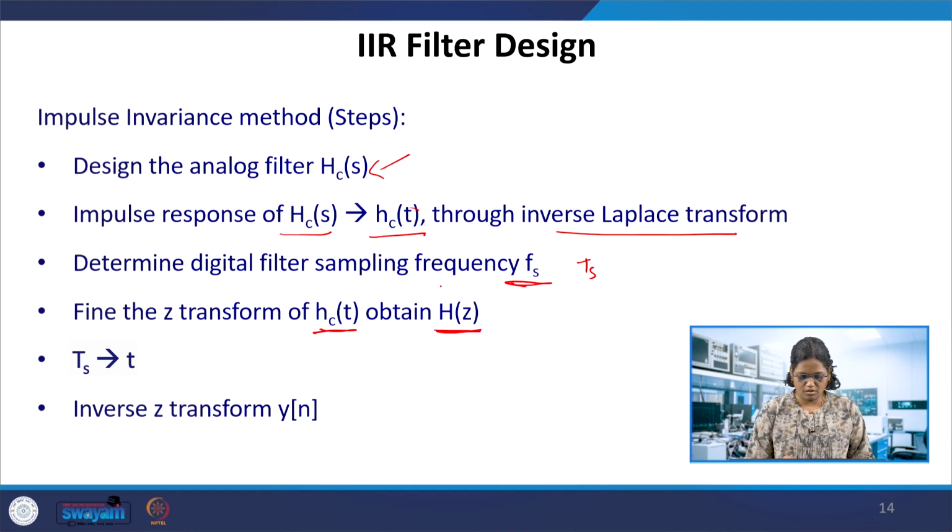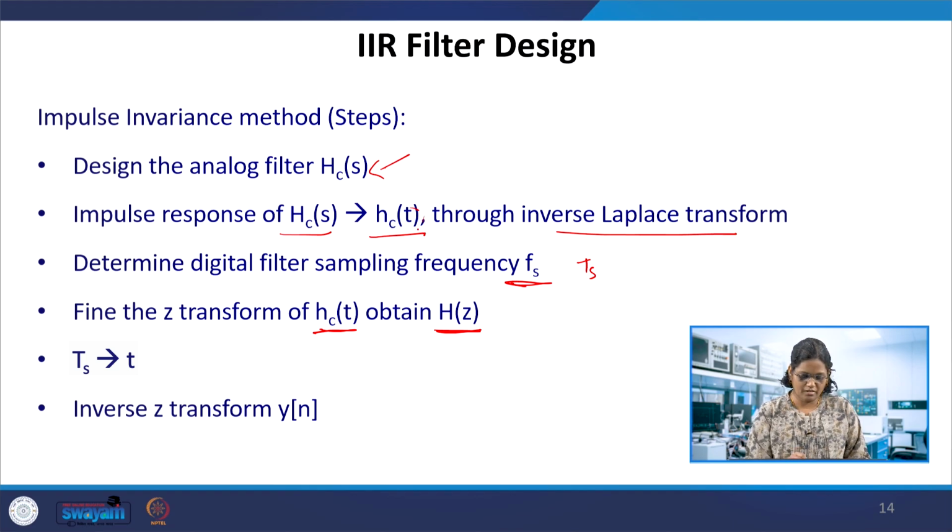For H(z), you can see the two transforms from analog to digital, or if you know the Z transform of it, a direct S to Z transformation can also be applied using the tables, skipping the S and Z steps here. So inverse Laplace gives hc(t), the impulse response of the analog filter.